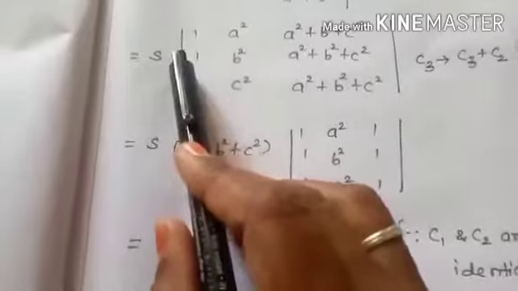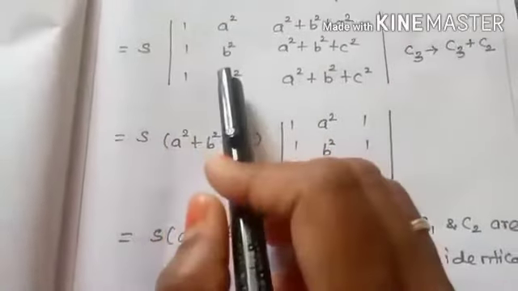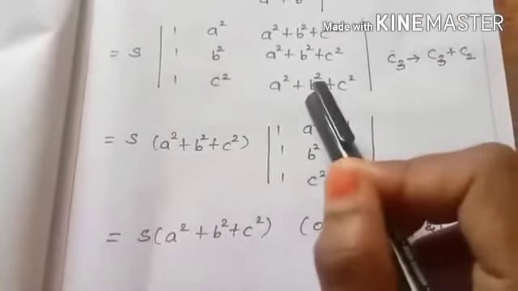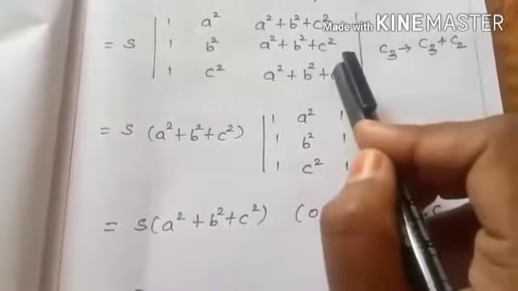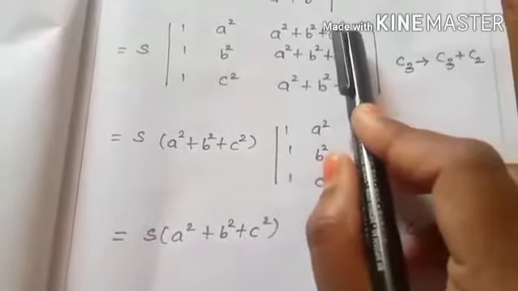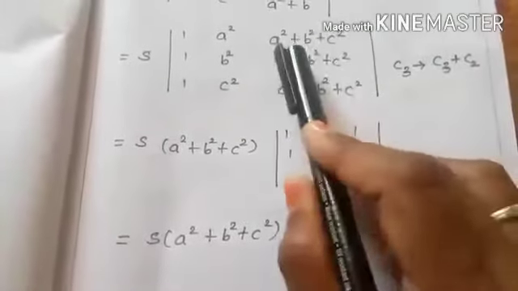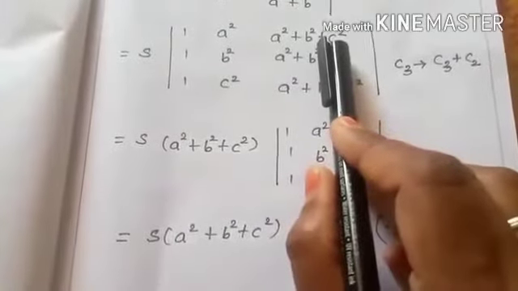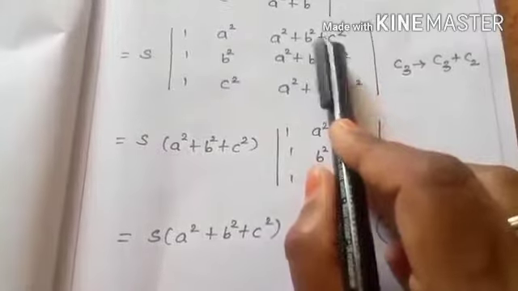In this determinant, there is no change in the first column and second column. In the third column, all the three elements are the same: a squared plus b squared plus c squared. So we can take a squared plus b squared plus c squared as a common element outside of the determinant.